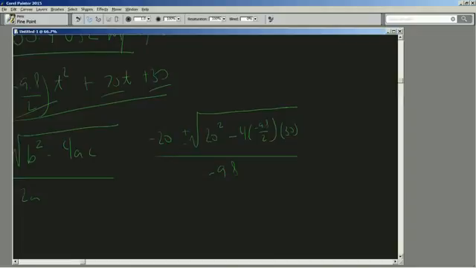Because I refuse to do more arithmetic than I have to, I rely on technology. So we have negative 9.8 divided by 2, and then 20, and then 30.